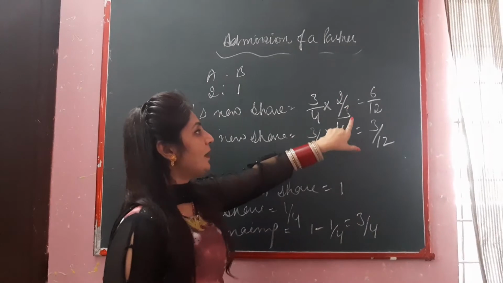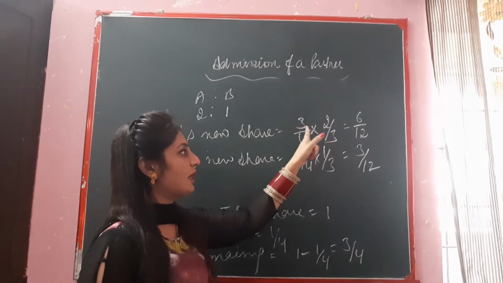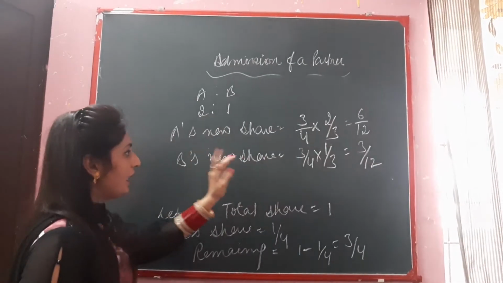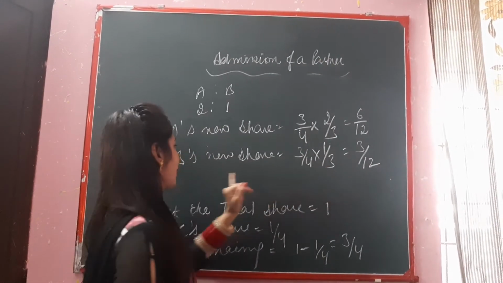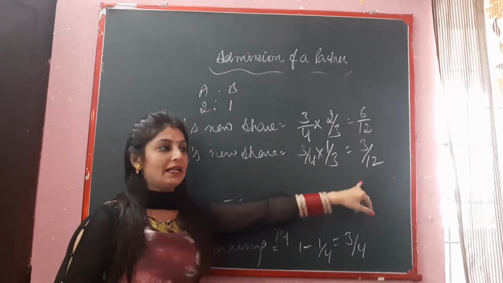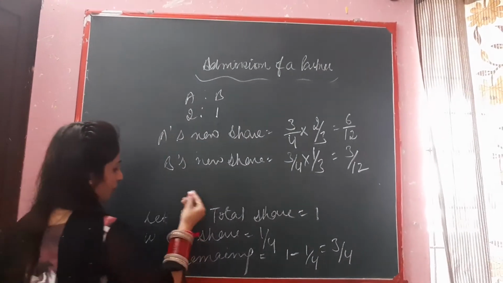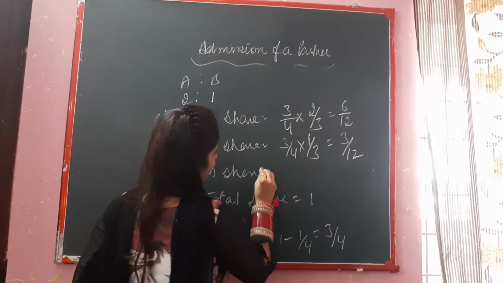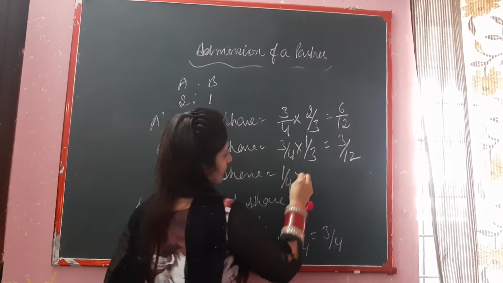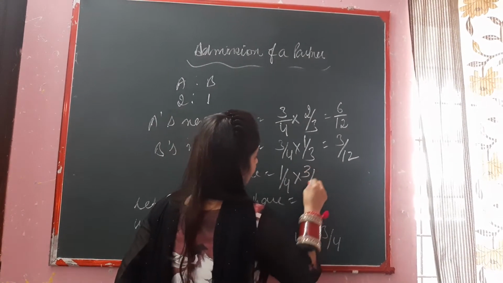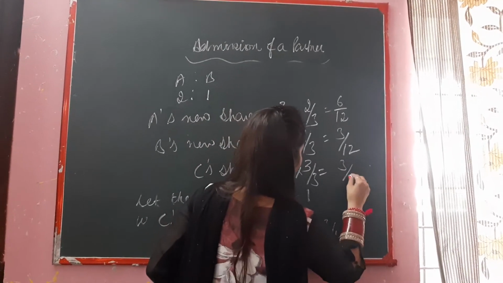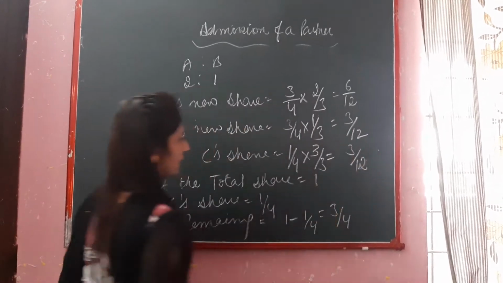So the remaining share will be divided among the old partners in their new profit sharing ratio. 2/3 of 3/4, that is 6/12, will be the new profit sharing ratio of A, and 1/3 of 3/4 will be of B, that is 3/12. Now what we have to do? We have to equal the base, that is C's share is 1/4. So it will be multiplied by 3/3 because we have to equal the base of all the partners, that is 3/12.